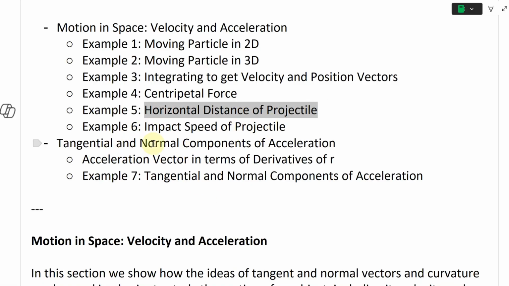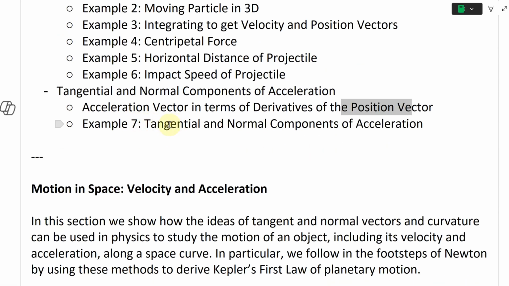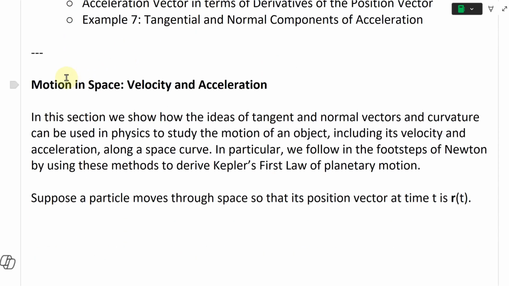Then tangential and normal components of acceleration: the acceleration vector in terms of derivatives of the position vector, and then example 7, tangential and normal components of acceleration.